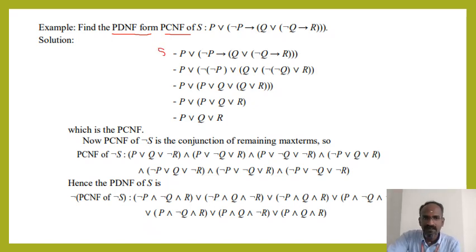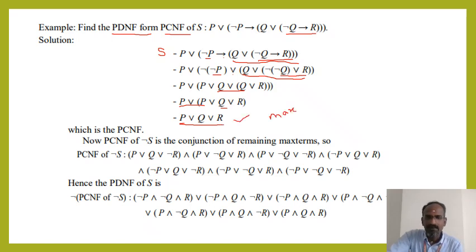So this is the given statement S. We implement negation Q conditional R, whose formula is negation of negation Q or R. And negation P conditional Q is negation of negation P or Q, or negation of negation Q or R. By the double negation formula, negation of negation P is P, or Q, or negation of negation Q, that is Q or R. So Q or Q is Q, and P or P is also P. So this P or Q or R is a max term, a single term, which becomes the principal conjunctive normal form.